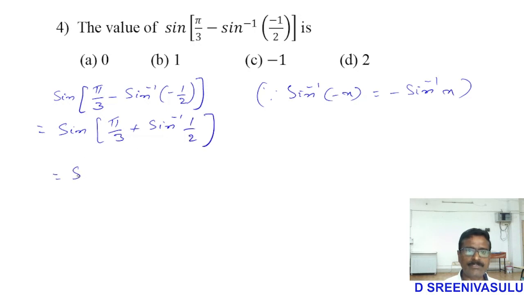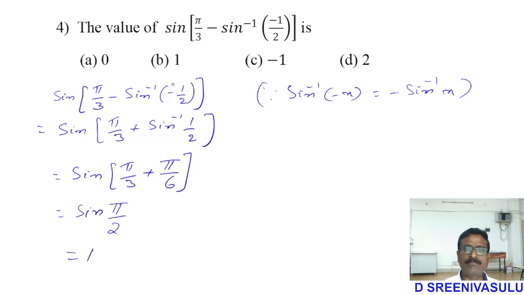This is equal to sine of pi by 3 plus sine inverse 1 by 2. In the sine table, where does 1 by 2 come? At 30 degrees, that is pi by 6, because sine 30 is equal to 1 by 2. This is sine of 60 degrees plus 30 degrees, 90 degrees. This is sine pi by 2, and sine pi by 2 is equal to 1. The correct option is B.